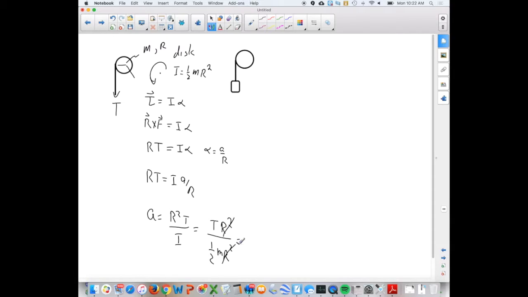The R's cancel out, and we get T over 1/2 m. So again, force divided by mass gives us acceleration.